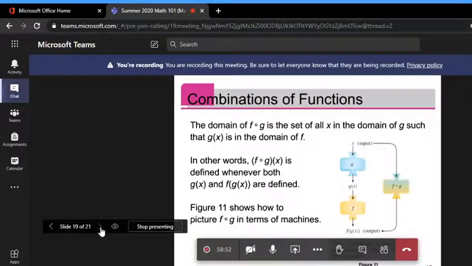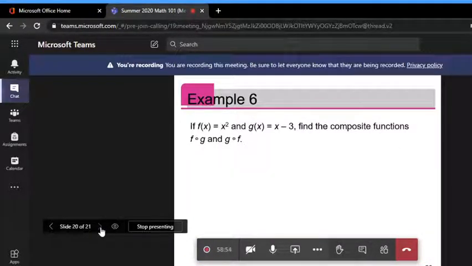Okay, that's it. This is explaining the composition of two functions. It says find the composite of the two functions. But if you compose in this order or this order, you may get a different answer. Okay, the order in composing is important.